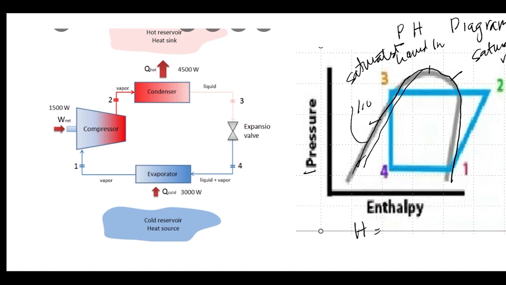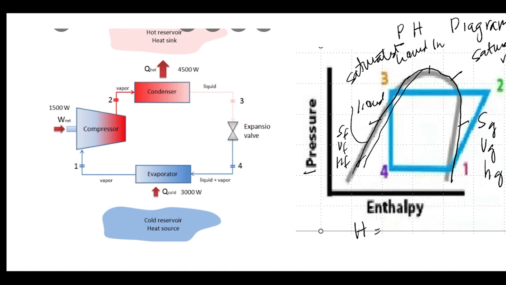Here it is pure liquid, and the parameters here can be seen with this subscript F: entropy of fluid, volume of fluid, enthalpy of the fluid. Here, the condition is the saturated vapor or gas, so the subscript here is G: entropy of gas, volume of gas, enthalpy of gas, and so on.